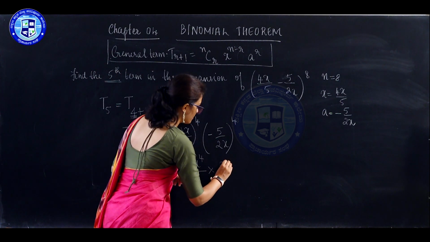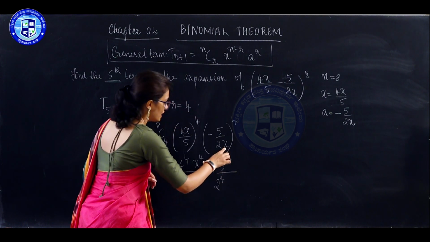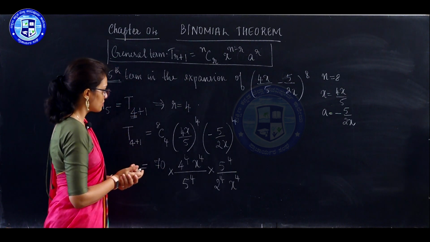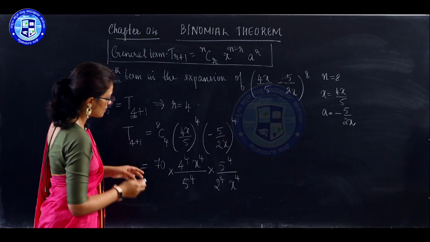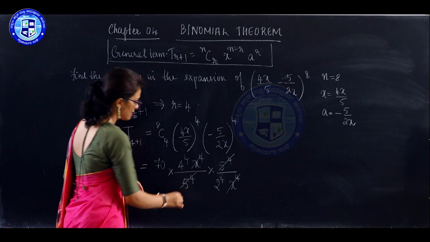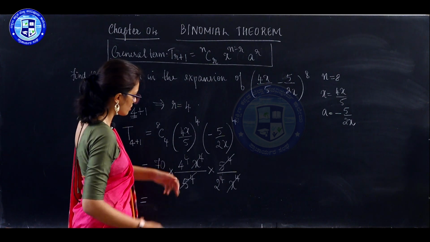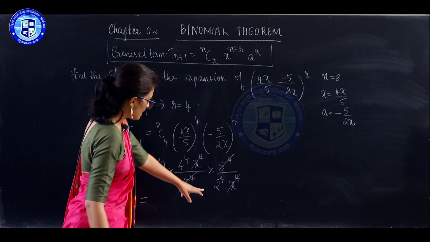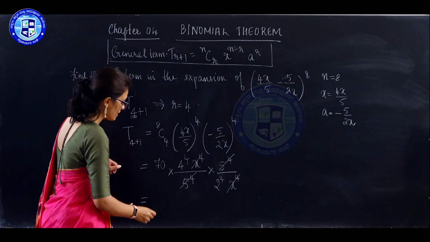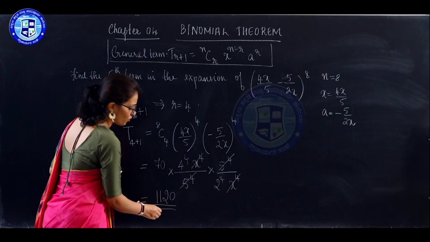So, we have 5^4 divided by 2^4 x^4. So, let us cancel out the terms. Now, when you calculate, we have 4^4, 256. Here we have 2^4, which is 16. So, when we calculate, our answer will be 1120.